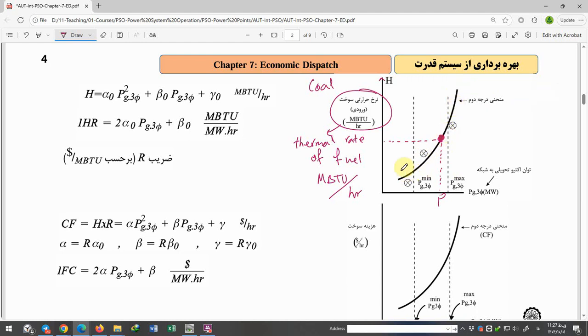This curve is determined by a second order equation. H is alpha 0 P squared plus beta 0 P plus gamma 0.